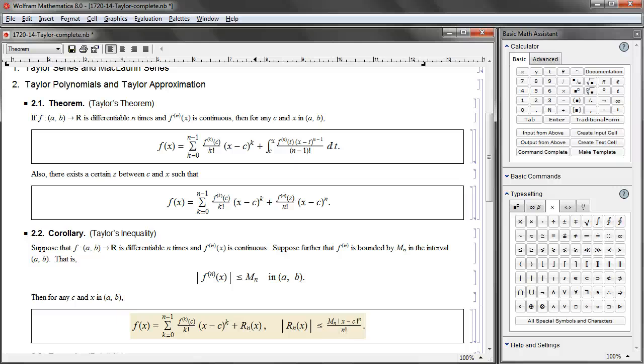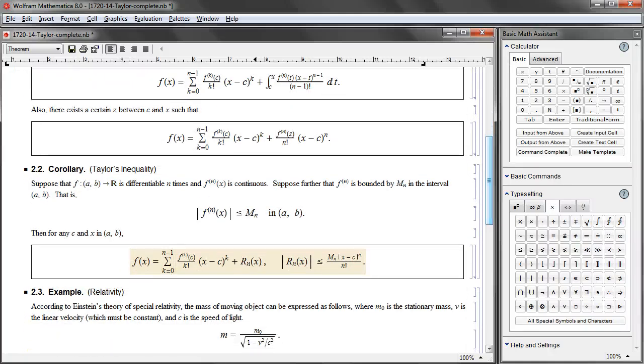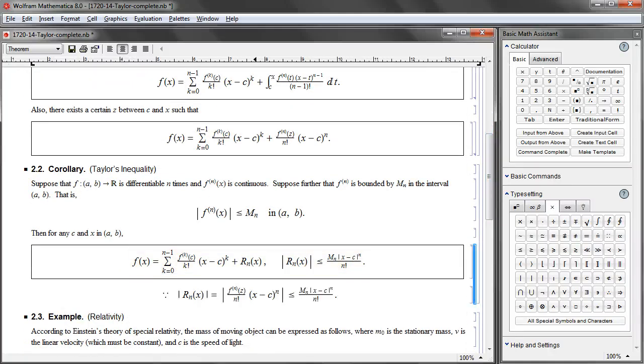Consequently, we have a remainder estimation. The proof is actually pretty simple. This proof is not bad at all. This one is replaced by Mn, and that's an overestimation, so we have an inequality there.